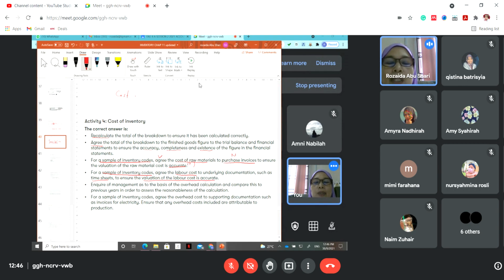Next, you can inquire of management as to the basis of the overhead calculation, because for overhead we normally do not have documents. So you must inquire of management what the basis for the overhead calculation is, and compare this to previous years in order to assess the reasonableness of the calculation.